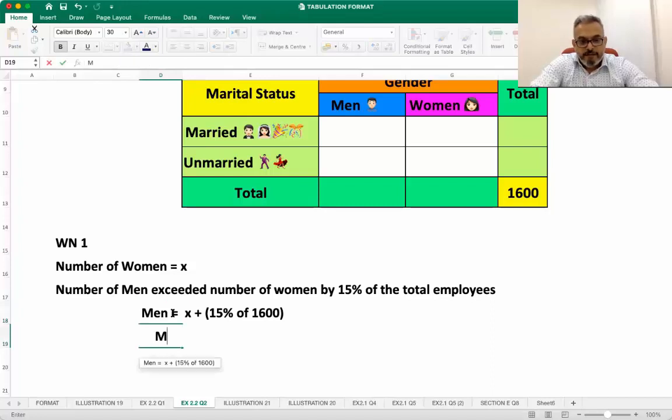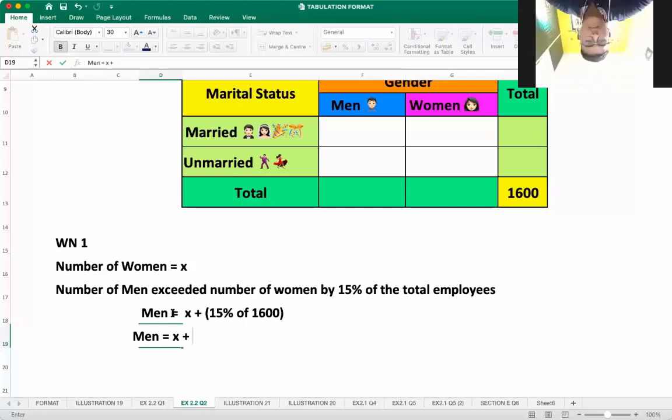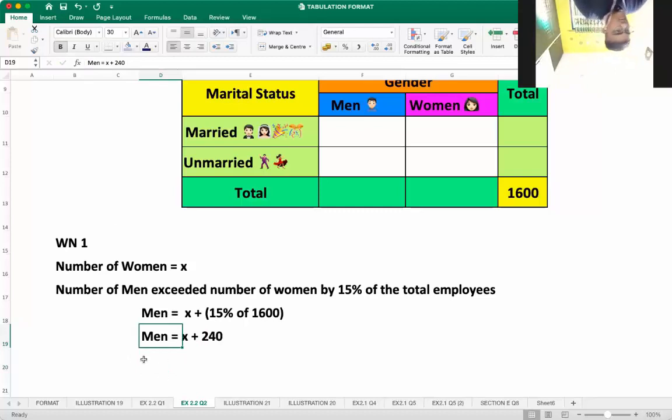So men is equal to X plus 15% of 1600, 240.